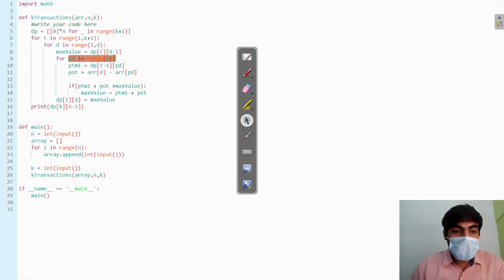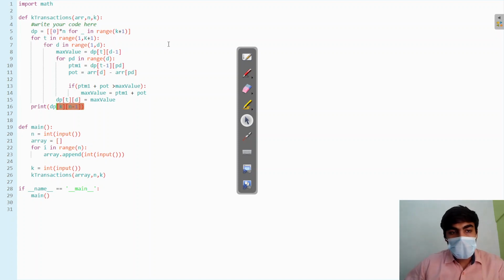Then I check the previous days for transaction minus 1, and for previous day profit plus today's profit of transaction. If the sum of these two is greater than max value, then max value equals that sum. Then I assign the values, and at the end I am printing the value.